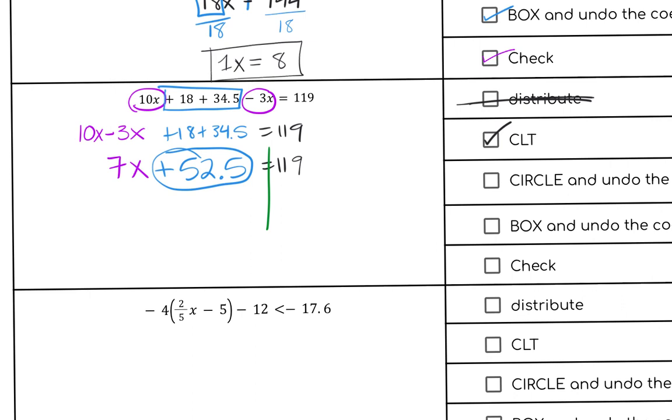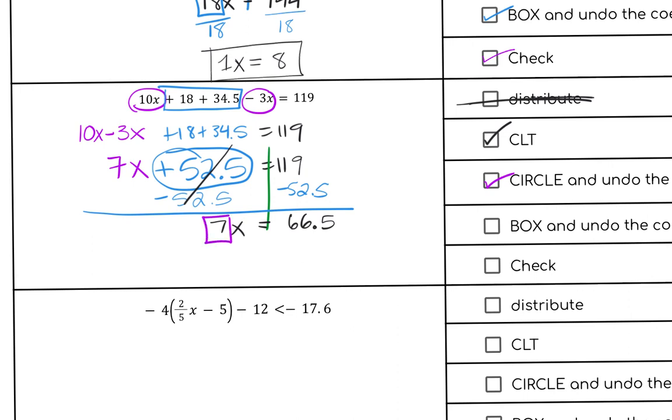The opposite of plus 52.5 is minus 52.5. On the left side, I still have 7x. Then 119 minus 52.5 is 66.5. So I got rid of the constant, and now I still have a coefficient.